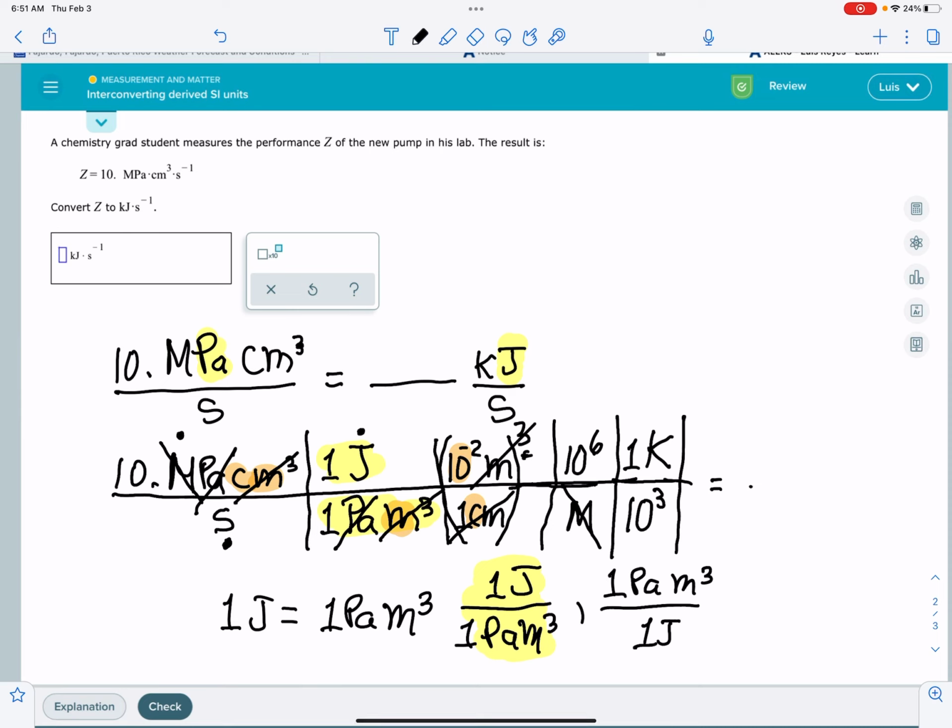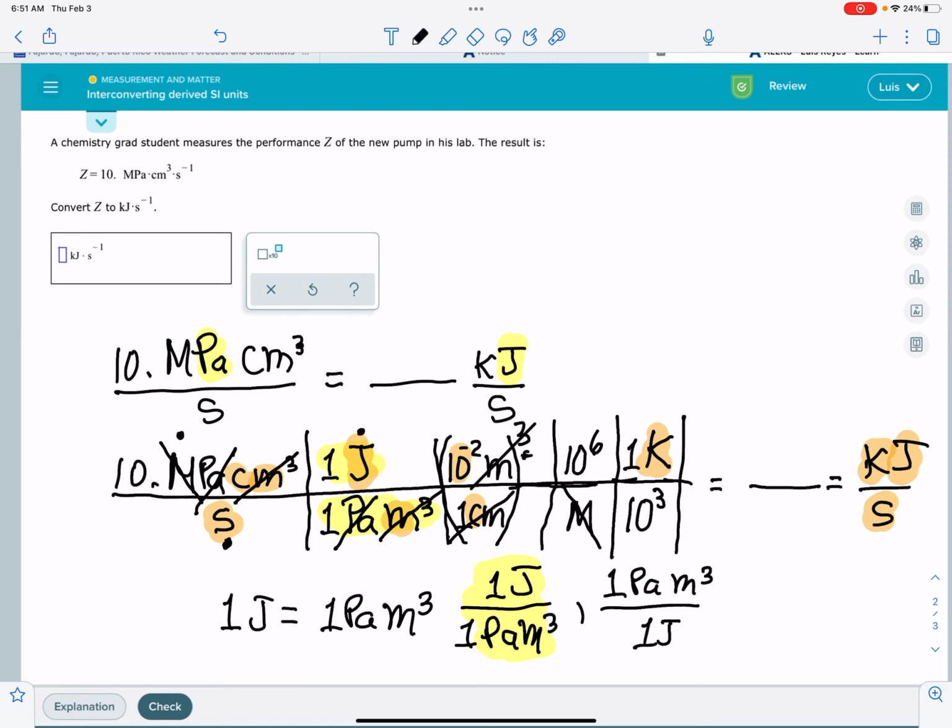So I'm gonna find kilojoules over seconds. What are my only units left? My only units left are seconds, joules, and kilojoules. And that's it. So I got all the units that I need.